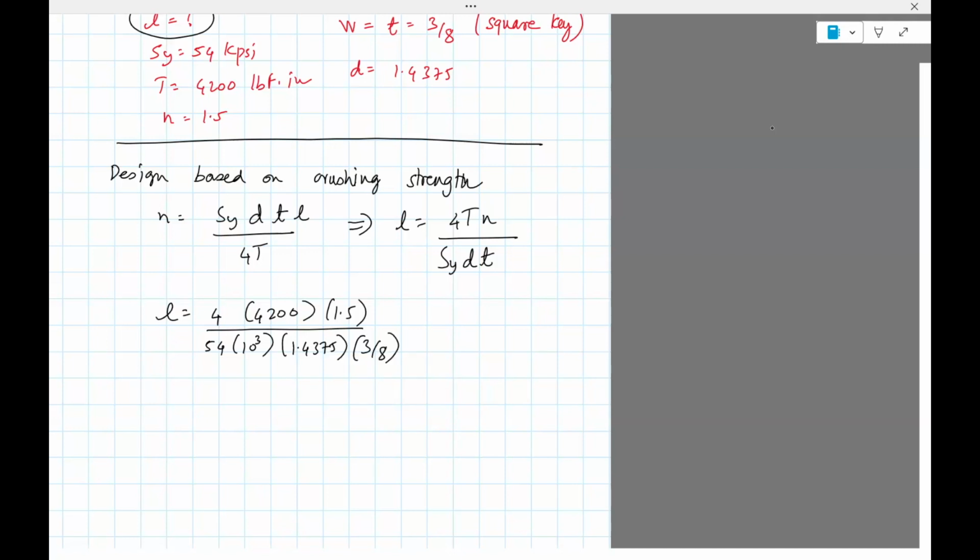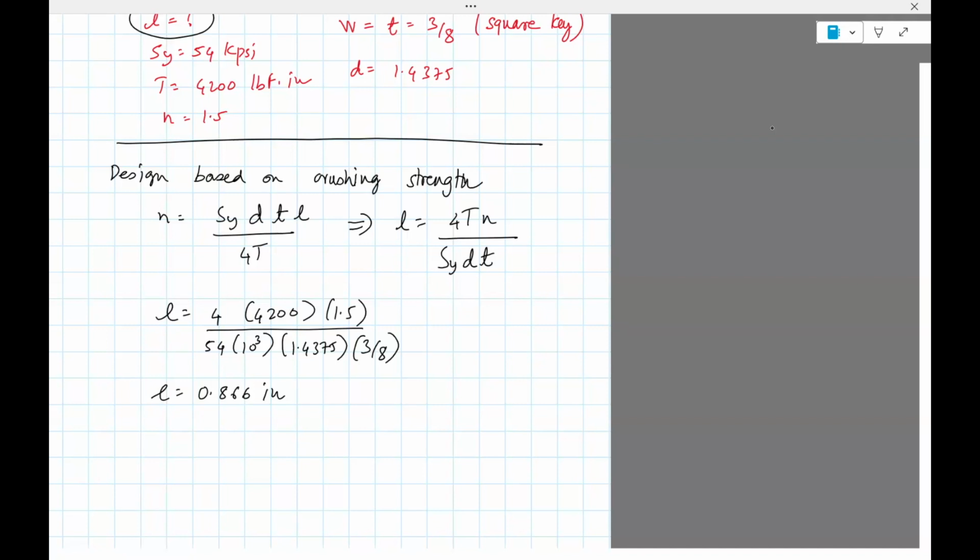So length comes out to be 0.866 inch. Okay, that's an answer based on just the crushing strength. Now we could do the same design based on shear strength, which we'll do next.